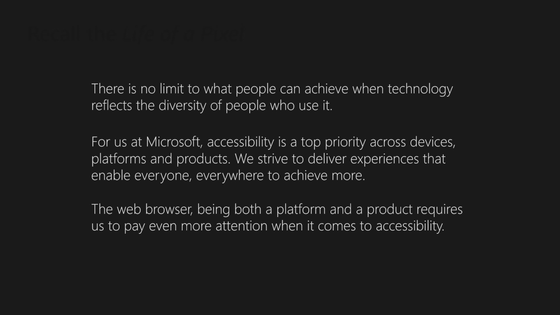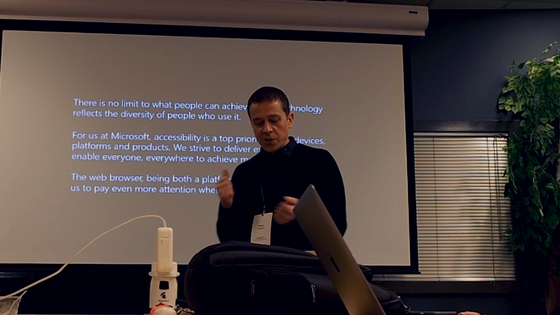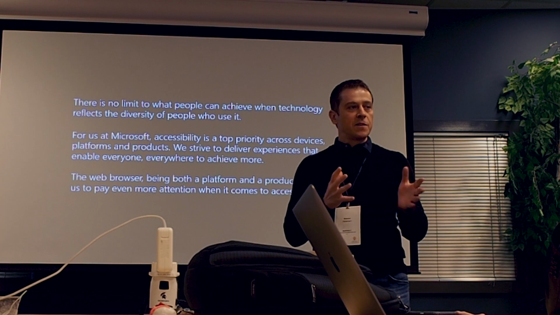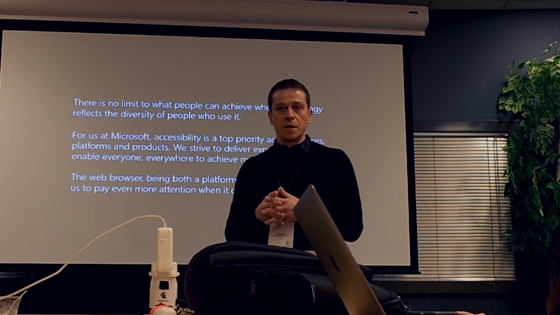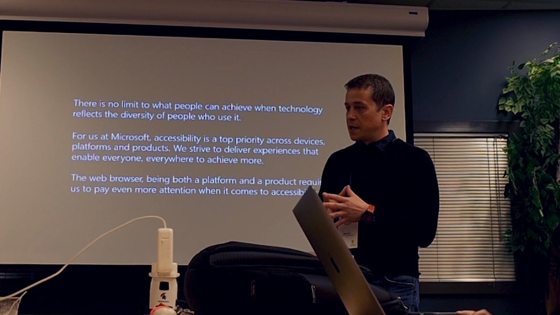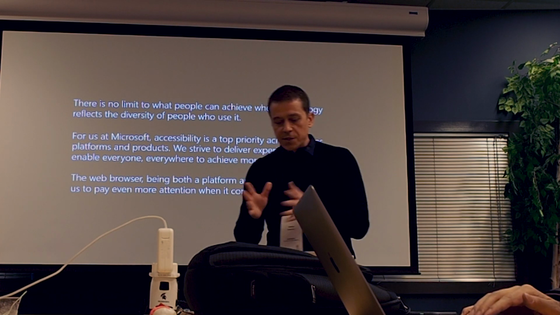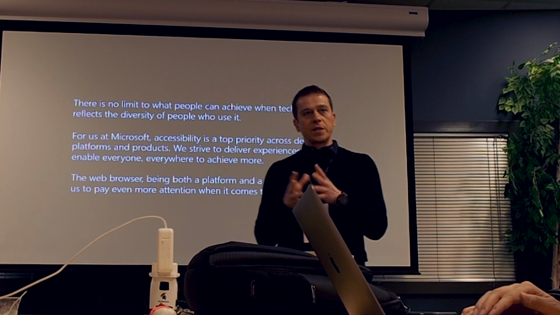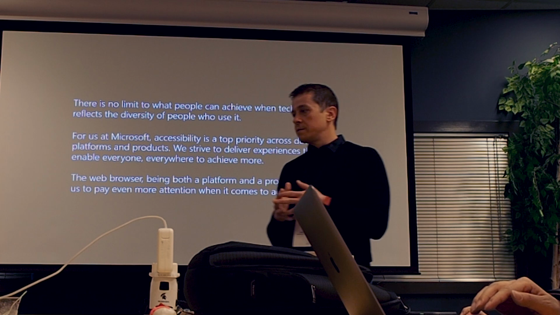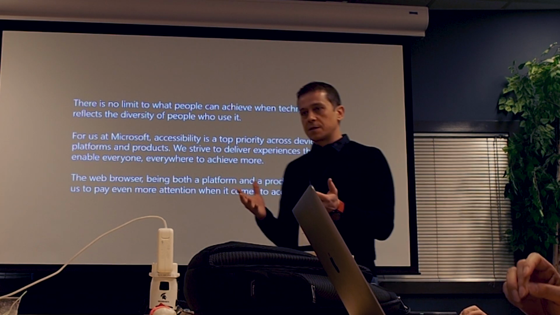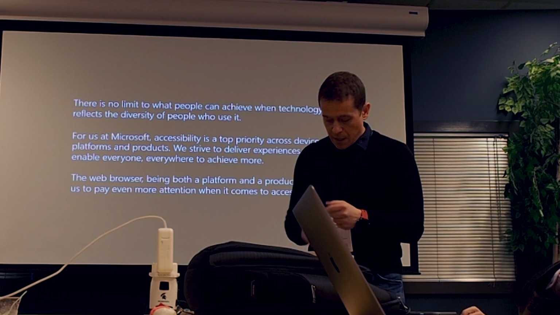The web browser being both a platform and a product kind of requires extra attention to accessibility. Hearing, mobility, learning, neurodiversity, there are many different types of accessibility that we strive to address and improve. And today, we'll focus on what it takes to provide great experiences for people with low or no vision.